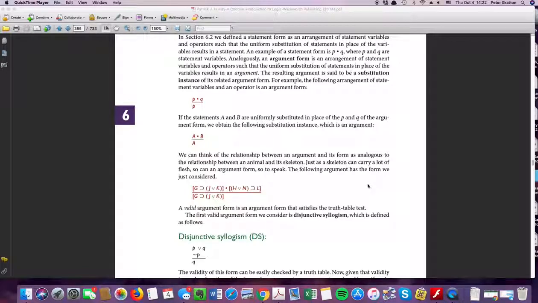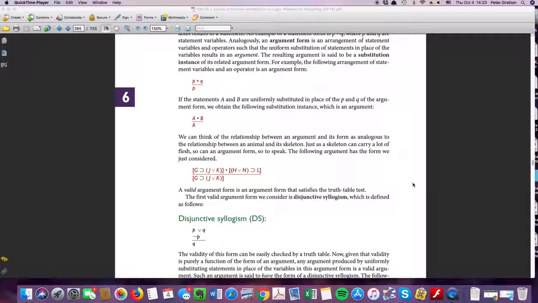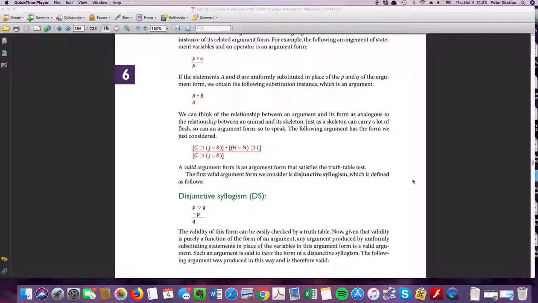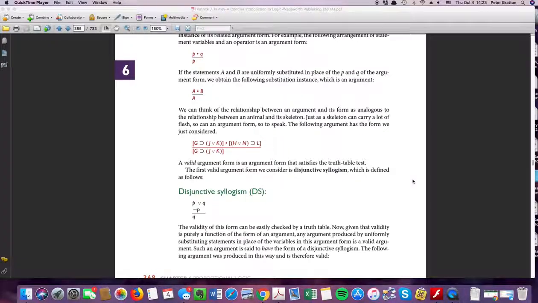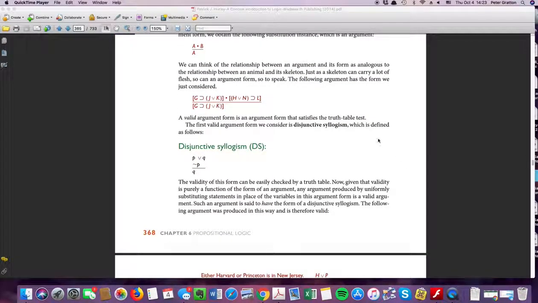In truth tables, we simply fill out each of the lines, whether again 4, 8, 16, 32, etc., looking for a line where the premises are true and the conclusion is false, or we work backwards through indirect proof, as we did in 6.5, and we look to see if there is a line where the conclusion could be false and the premises are true. If we find that line, we know the argument is invalid. If we don't find that line, then we know the argument is valid. Okay? So now we're going to look at valid argument forms.